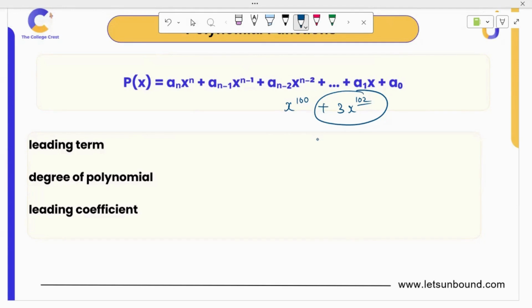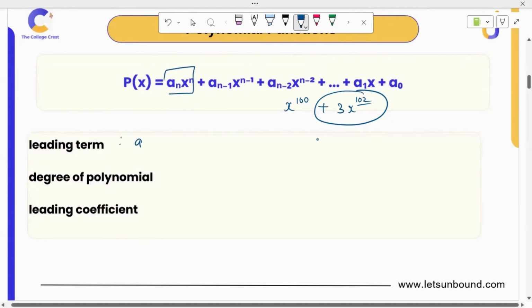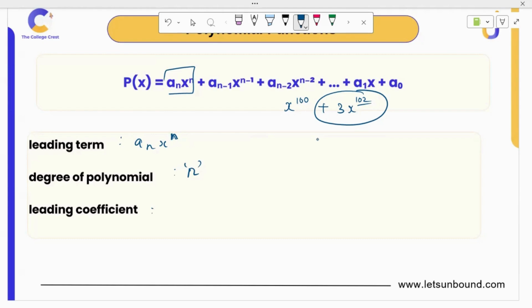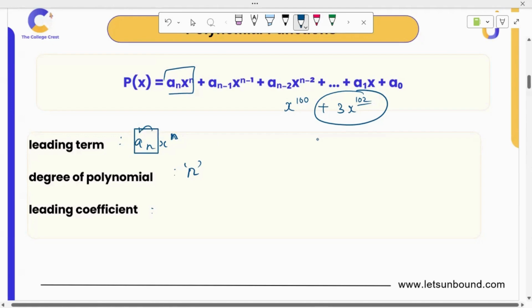In this case, the leading term is a_n and x power n together. And the degree of a polynomial is the power of the variable in the leading term, that is, the degree of the polynomial is n. And the leading coefficient, yes, this is the leading coefficient. In your leading term, we have a number before it, that is a_n. So you should be able to identify this. This plays an important role in analyzing the structure of the graph, right? Leading term, degree, leading coefficient, right?